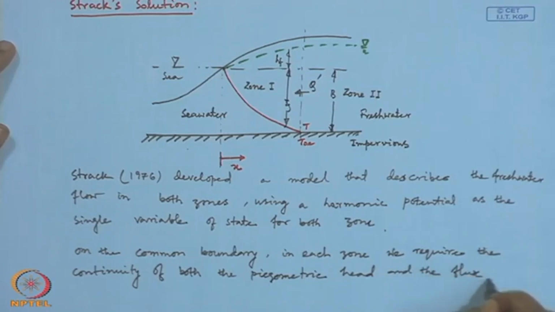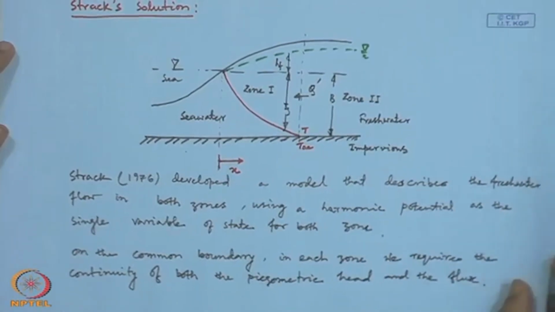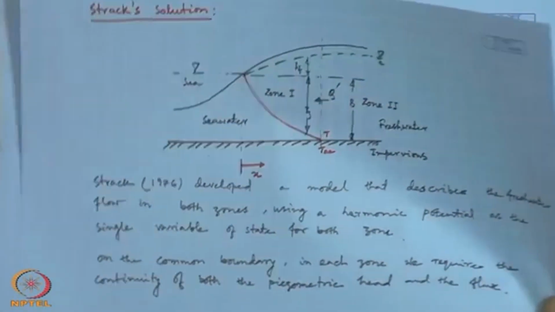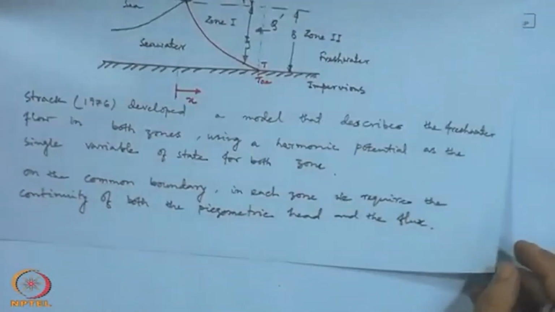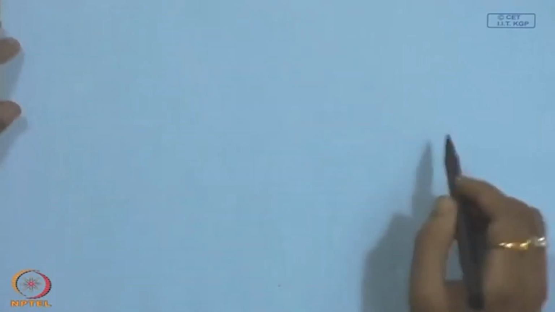So, at the interface level, we require continuity of both piezometric head and flux. Using this, two things can be defined for both zone 1 and zone 2.